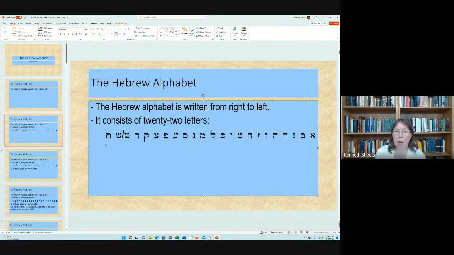And so those are the 22 letters, the 22 consonants of the Hebrew alphabet.